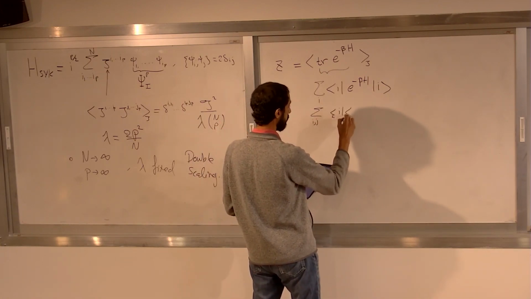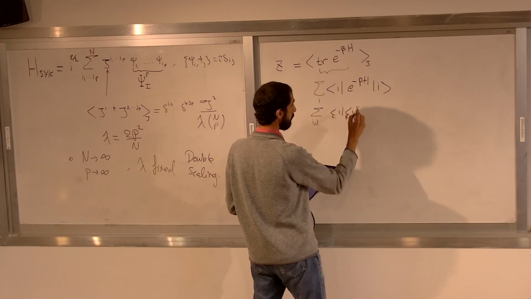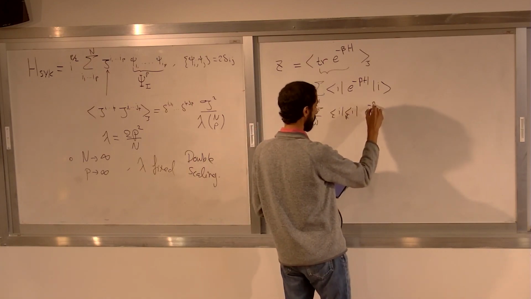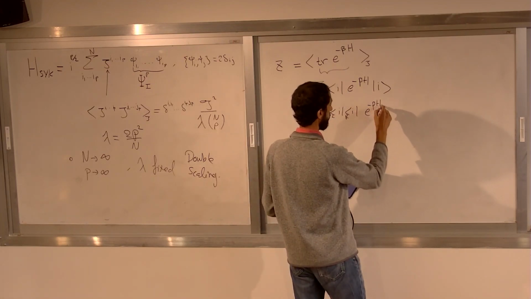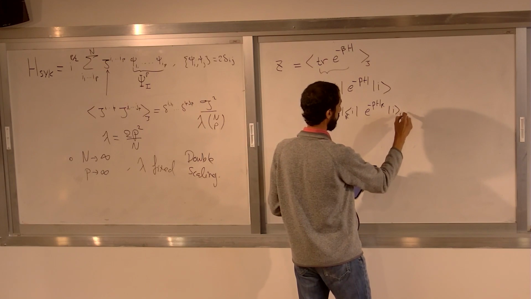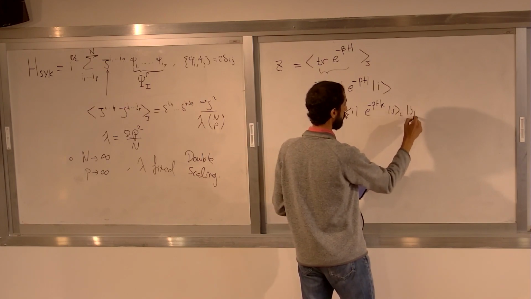But you can also think of this as the sum over ij, of I left, I right, e to the minus beta h, let's say right, I left, j left, j right.